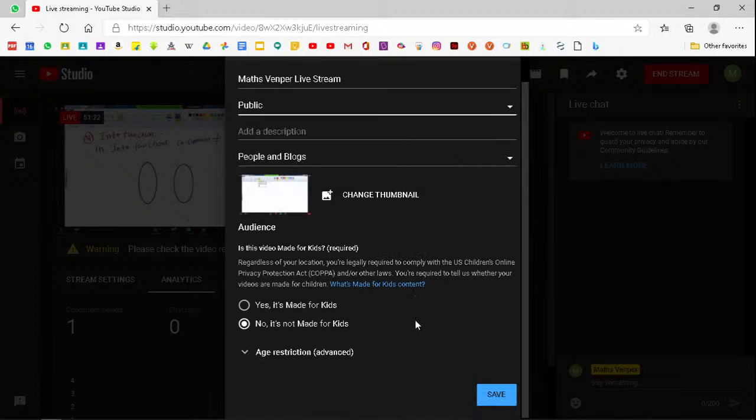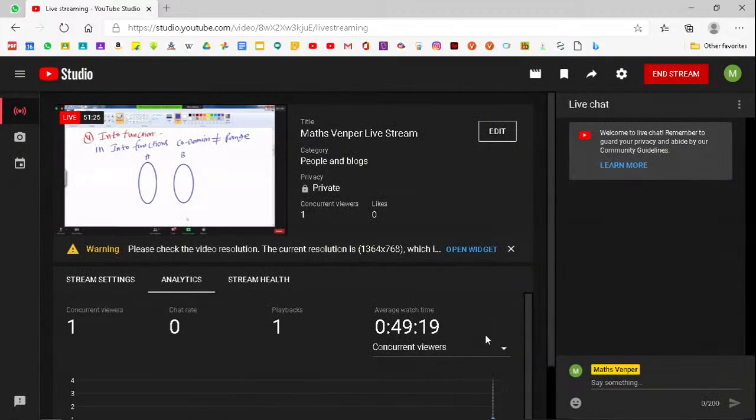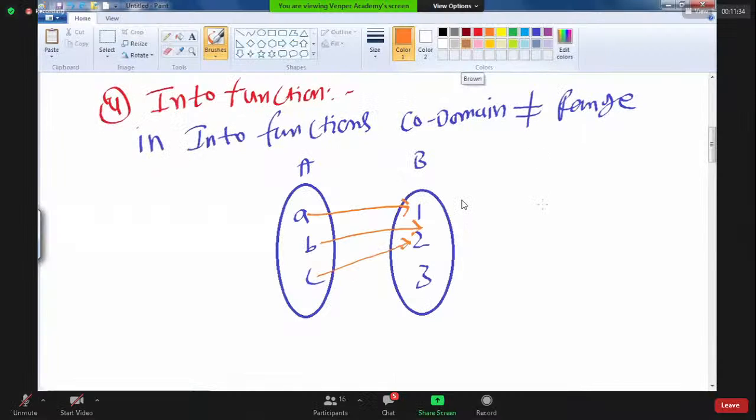Some element will not be the image of any element of A. If you find F of A, F of B, F of C, none of it is 3. So 3 is not an image of any of the elements.